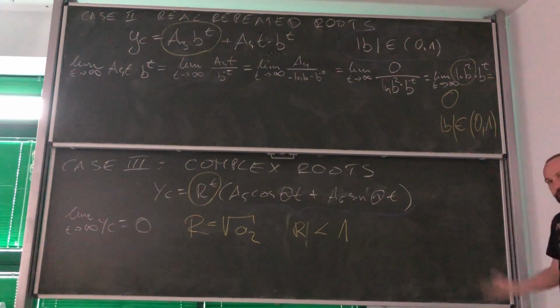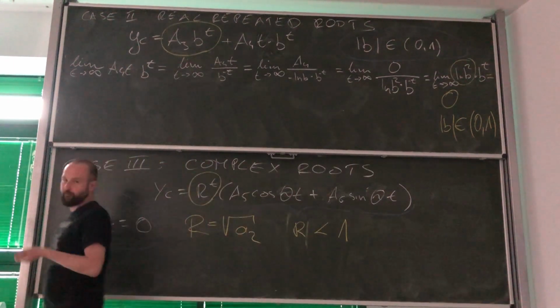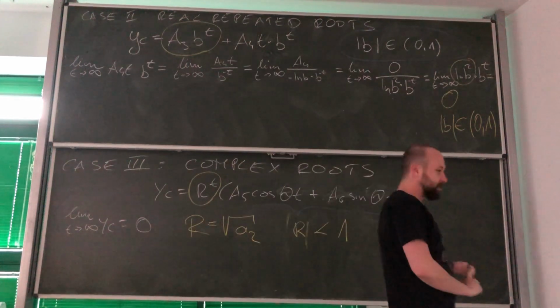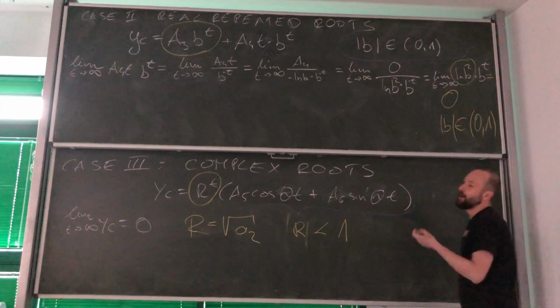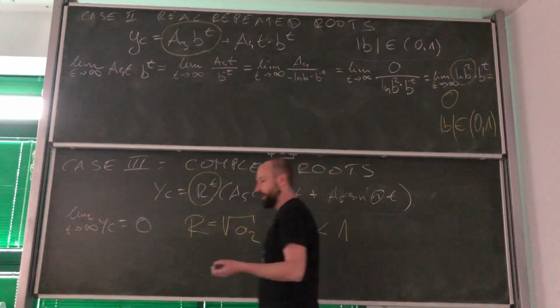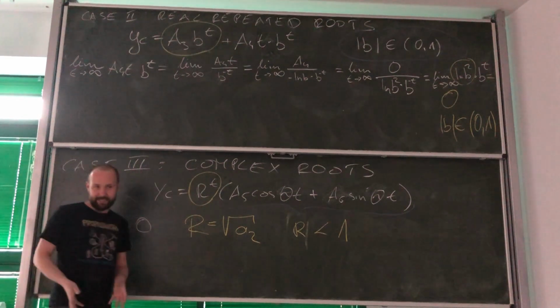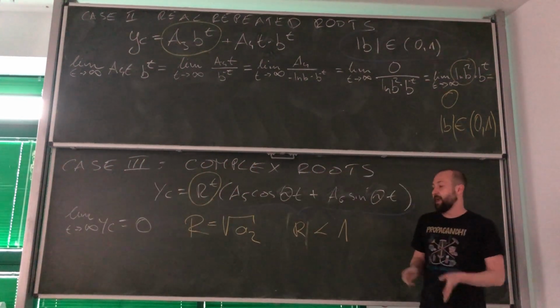Okay, so this is it. We've been introduced to the world of second order difference equations. We know how to find equilibrium solutions and how to find complementary functions under all three possible cases. So of course, the next step is economic applications.